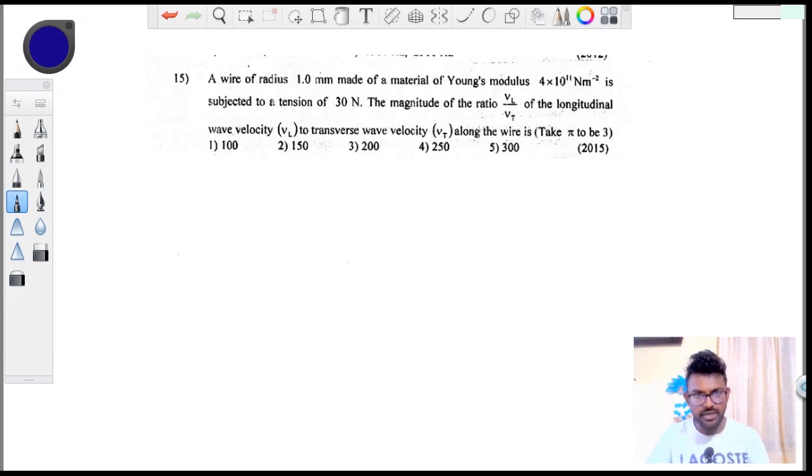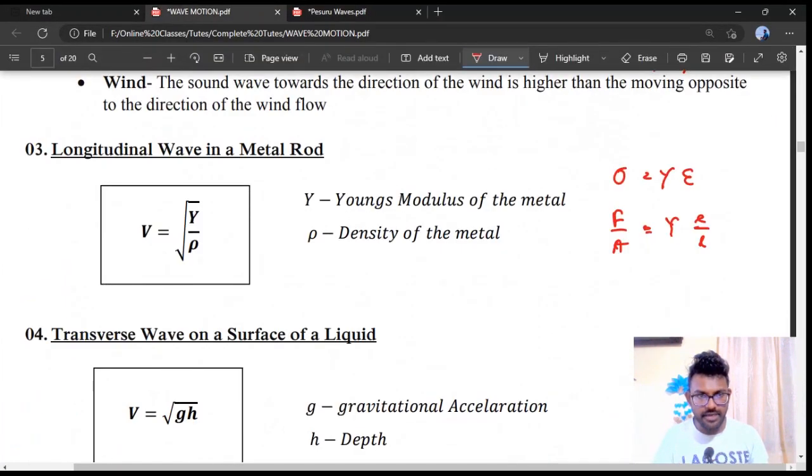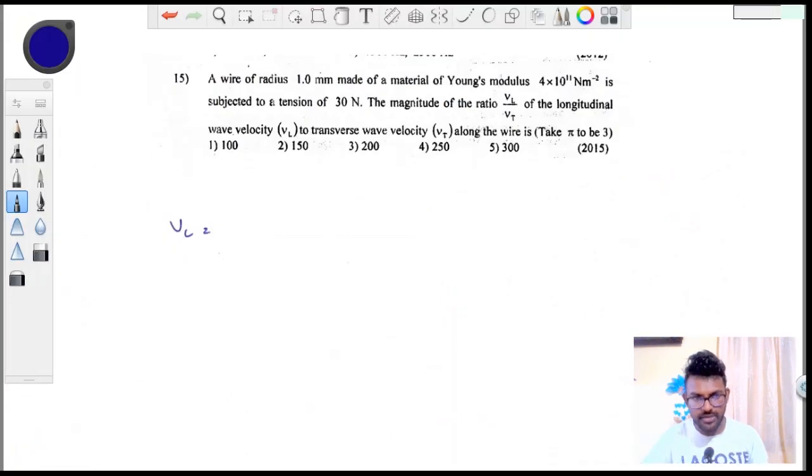So for the longitudinal wave, if it is a rod, we can write VL, with the theory that we have discussed very recently. We can get it by this, root Young's modulus over rho.